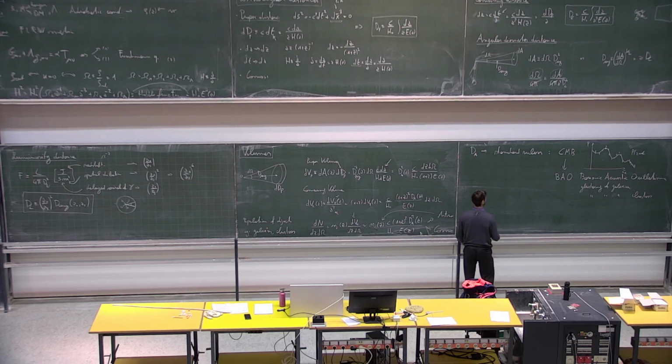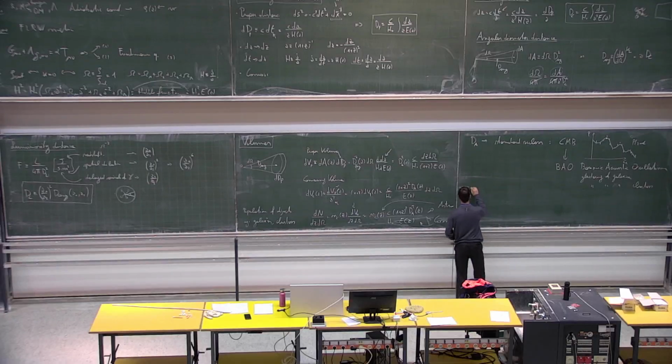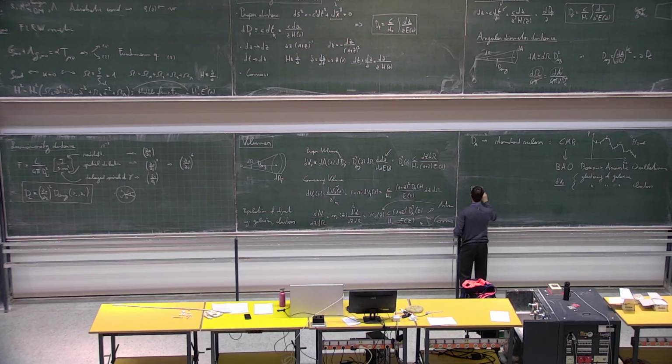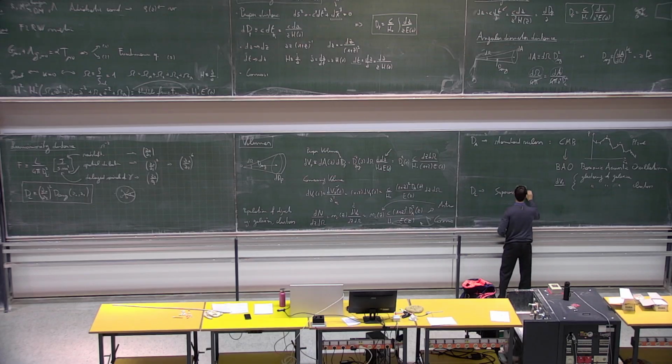Then we have the luminosity distance. And of course, when we were talking about density of galaxies and of galaxy clusters, of course, the volumes are relevant, right? Going back to the luminosity distance, we have supernovae of type 1a.